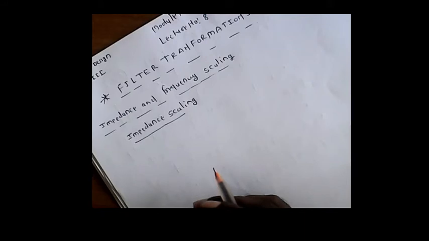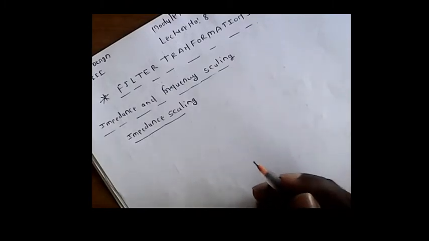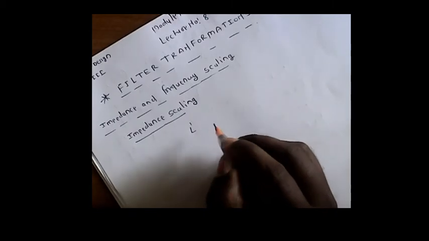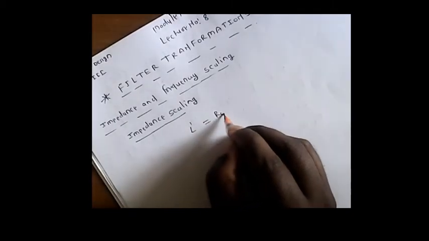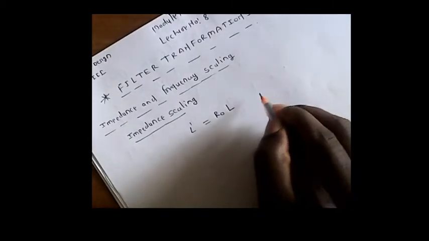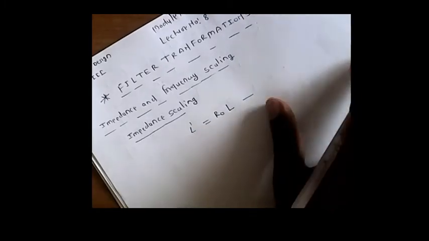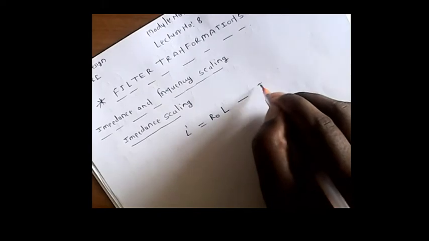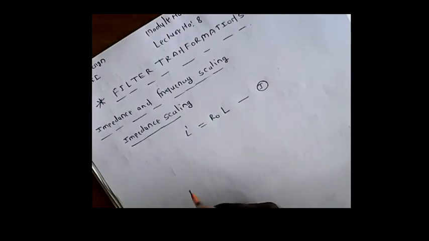Let prime denote impedance scaled quantities and new filter component values. So the new filter component after scaling by the impedance: L dash is equal to R0 times L. This is the new component value of your filter components, equation number 1.